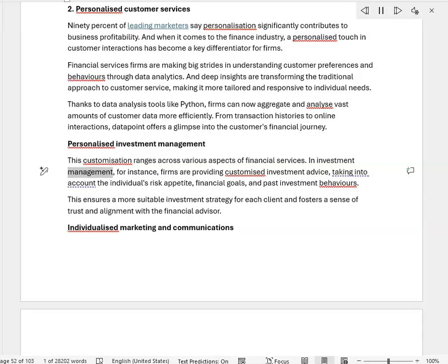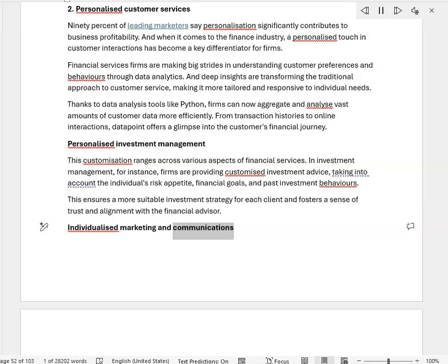In investment management, for instance, firms are providing customized investment advice, taking into account the individual's risk appetite, financial goals, and past investment behaviors. This ensures a more suitable investment strategy for each client and fosters a sense of trust and alignment with the financial advisor.